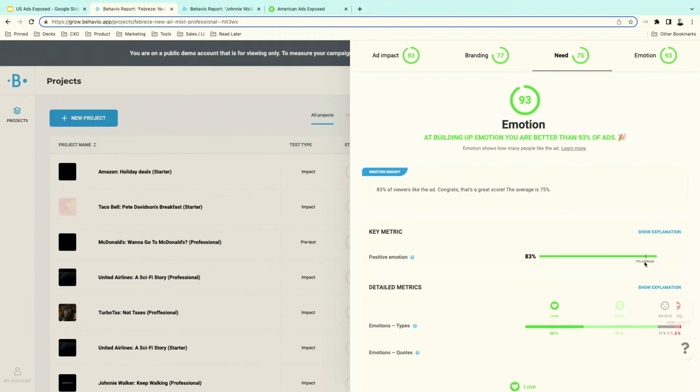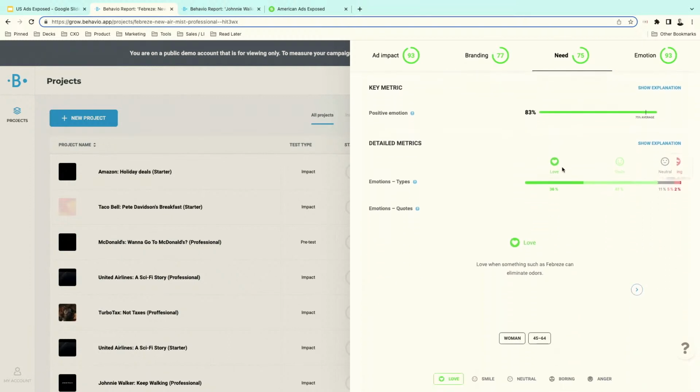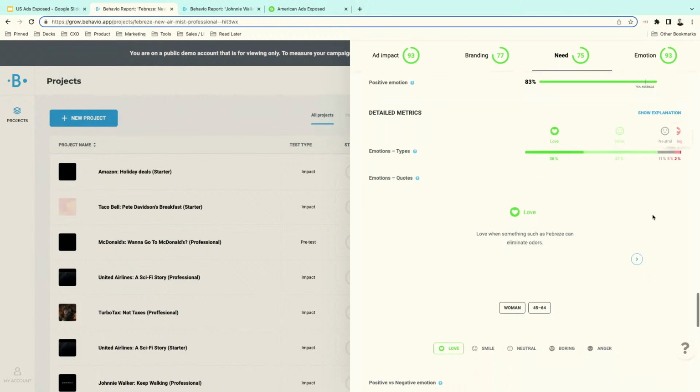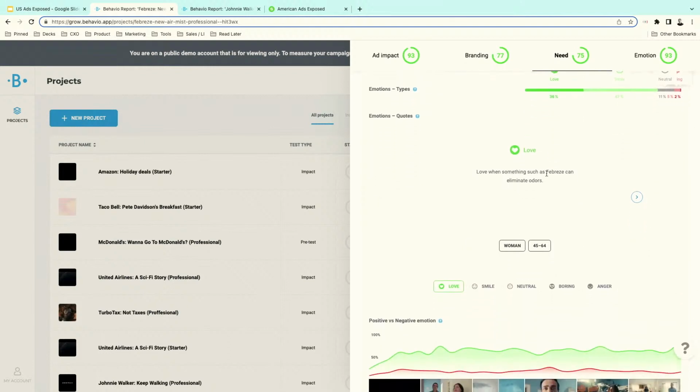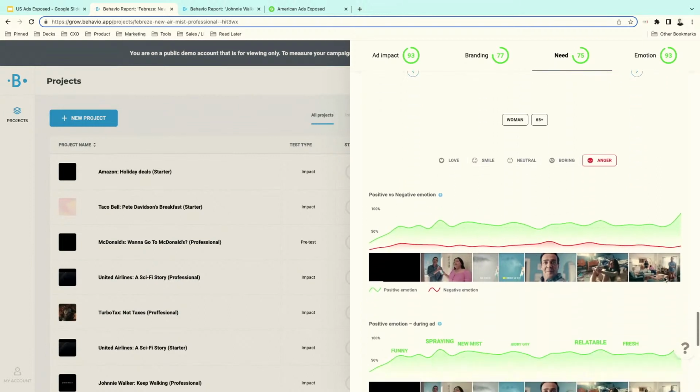And as you can see, it's quite above the average. Most of the people really love the ad, and the people who are like me and who are feeling a little bit disturbed are just a few. You can also read what people think about the ad here. They can really relate to it, and people who are disturbed are really a minority here.